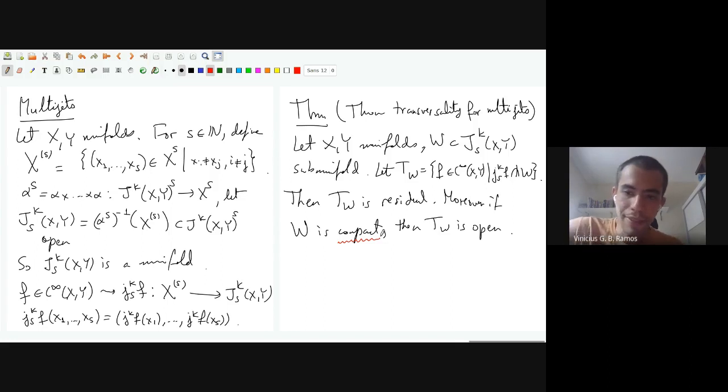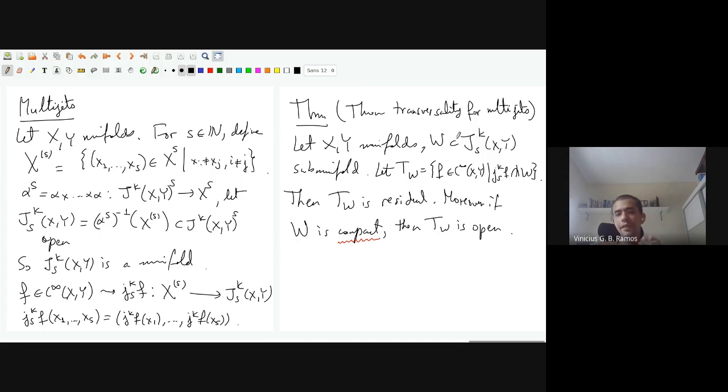The problem is that when W is closed, it definitely doesn't mean that it's compact, and something bizarre can happen: you can take a sequence of multi-jets such that the base points are converging to each other, so that in the limit you have two base points that are collapsing. Then you're no longer in the space of multi-jets. And that's a problem. That's why we require that W is compact.